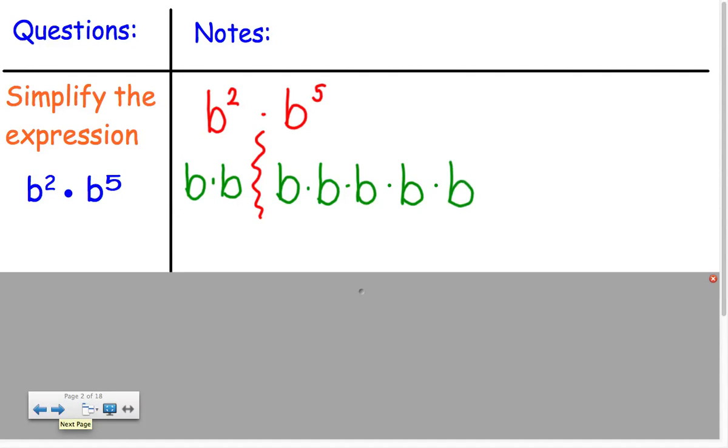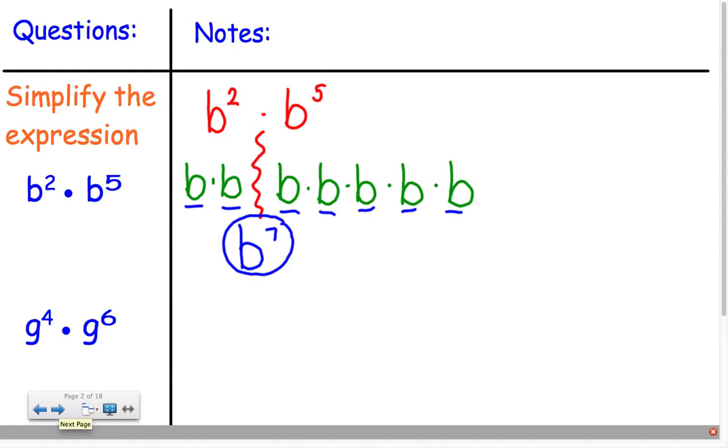Now the way I simplify my answer is I'm going to count how many b's I have. Well, I have 1, 2, 3, 4, 5, 6, 7 b's. And if I had used the shortcut, I'd add 2 and 5 together to get 7.